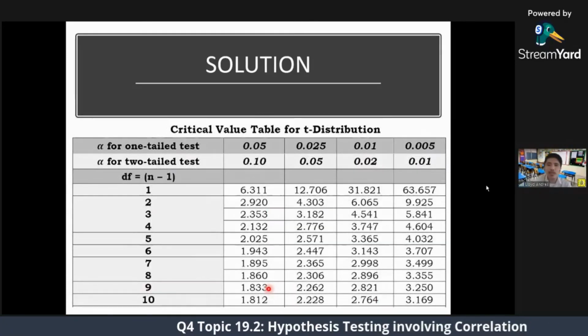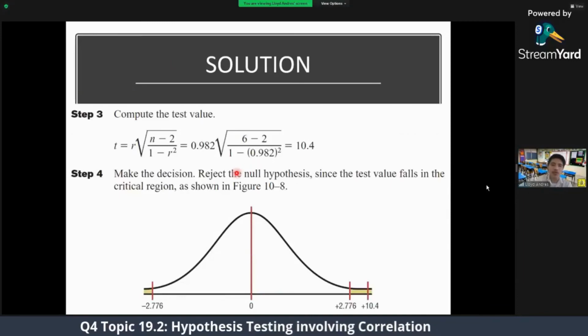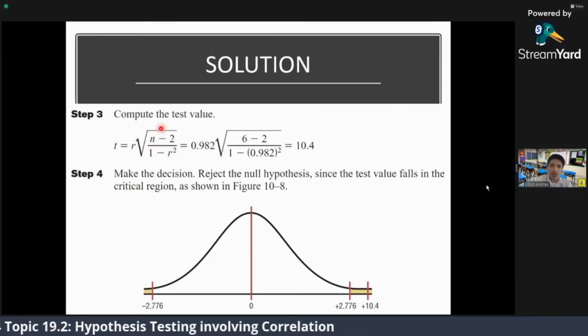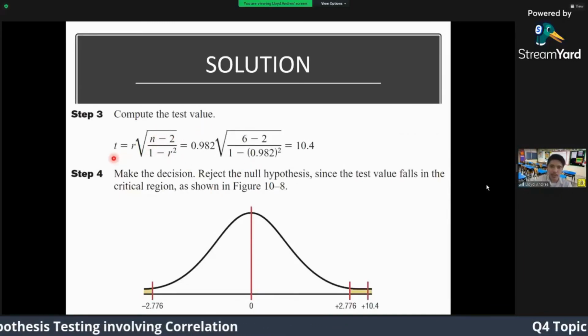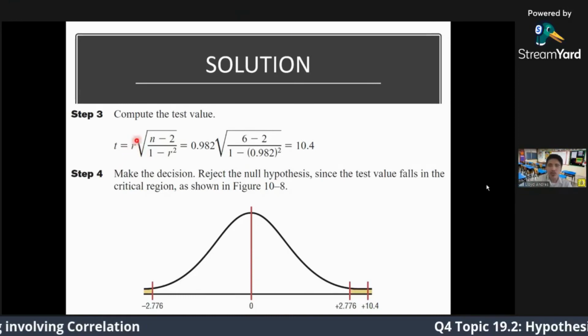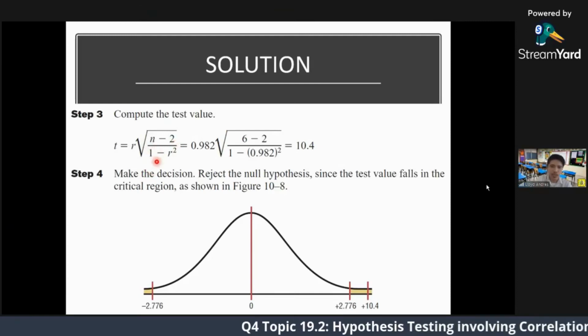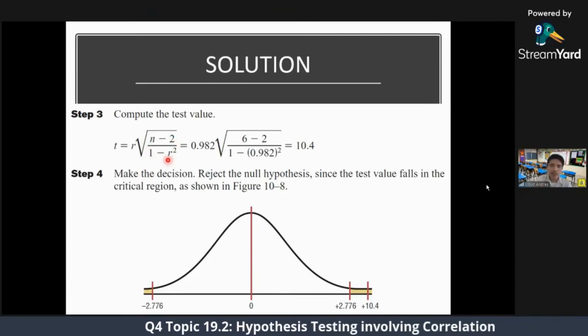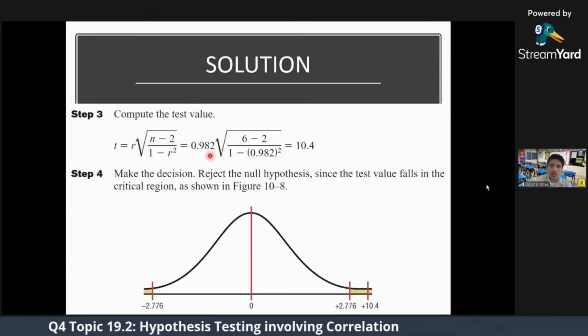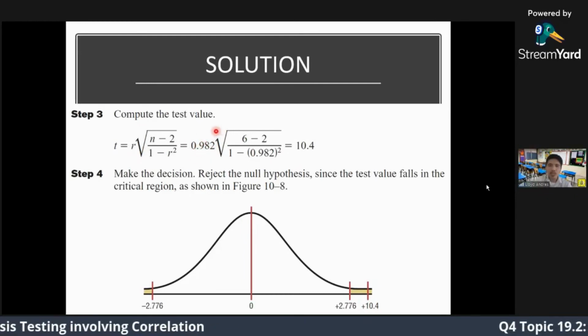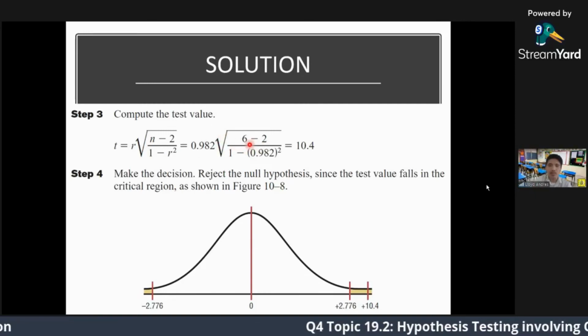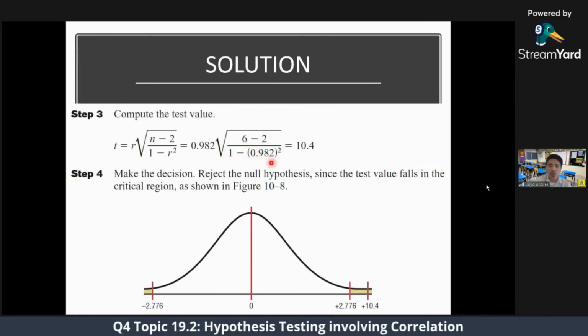So after determining the critical value, we will now solve for the test value using the formula t equals r times the square root of the quantity n minus 2 all over the quantity 1 minus r squared. Since given is 0.982, our correlation, times the square root of 6 minus 2, this is actually our degree of freedom, over 1 minus 0.982 squared.